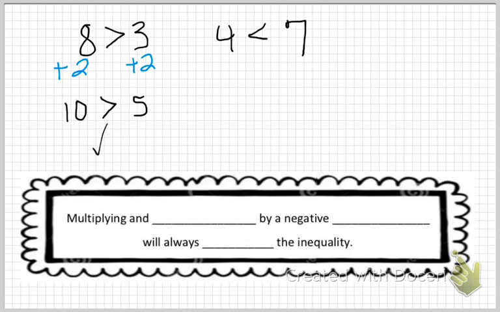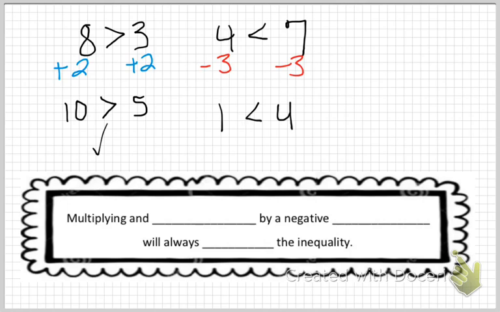Okay, well, what if we subtract? Let's suppose I wanted to subtract 3. If I do it to one side, I gotta be fair and do it to the other. 4 minus 3 is 1. 7 minus 3 is 4. Bring down the less than, and again, this is pointing towards the 1.